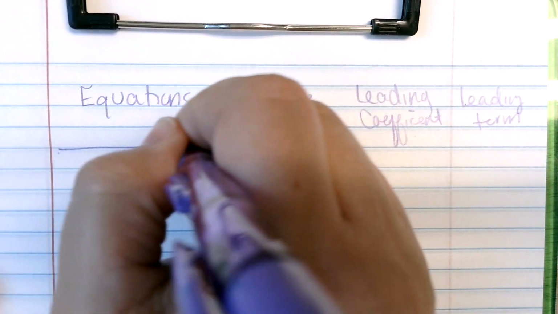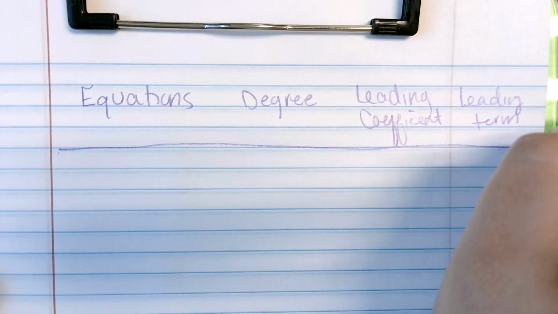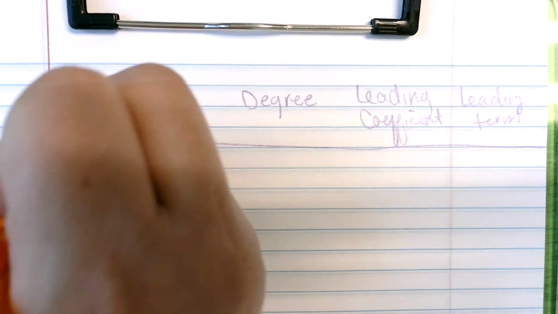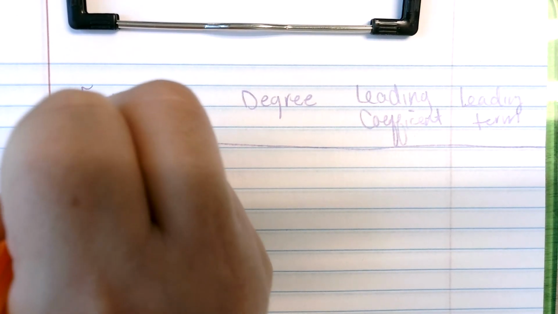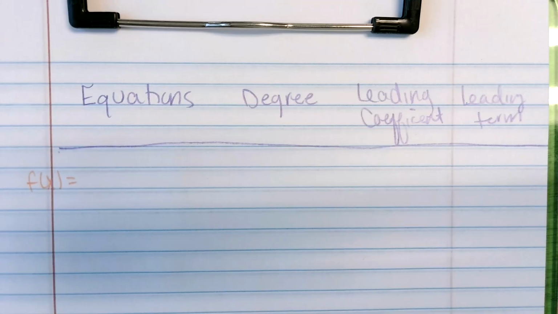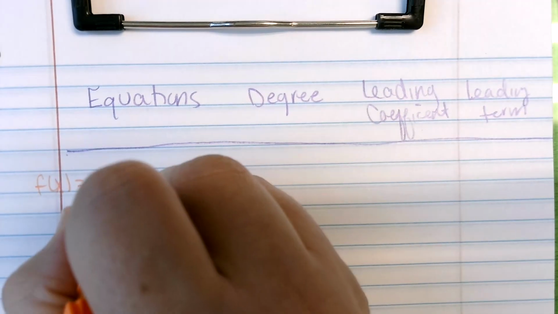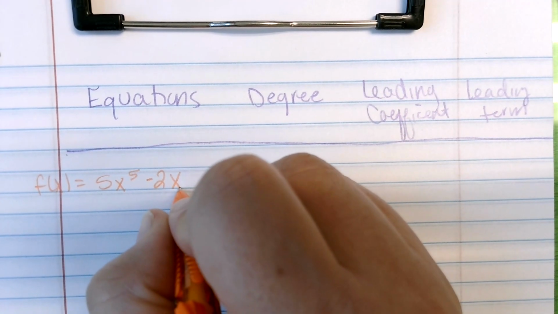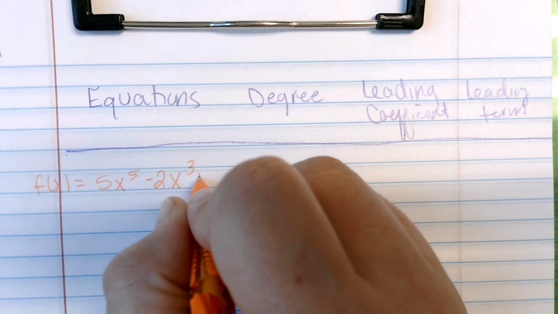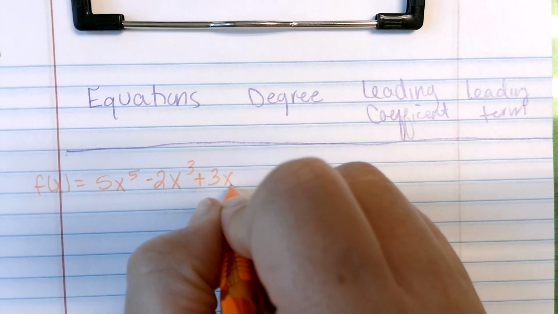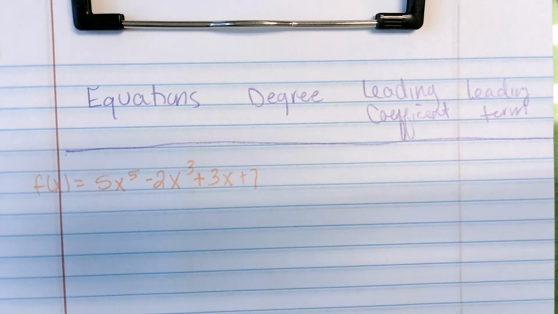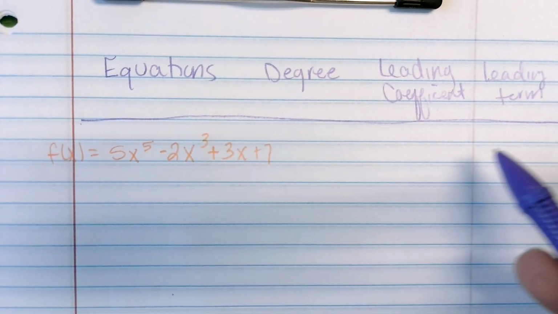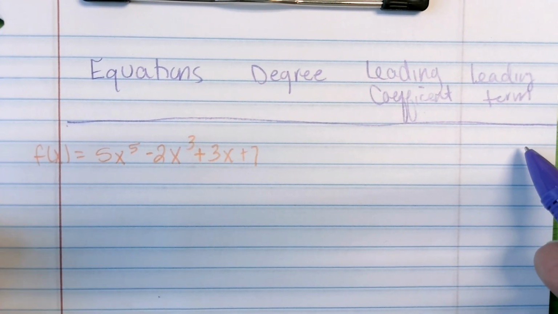So the first example that I have for you is, let's say f of x is equal to 5x to the 5th minus 2x cubed plus 3x plus 7. Okay, so we're going to focus in on the degree, the leading term, and the leading coefficient.